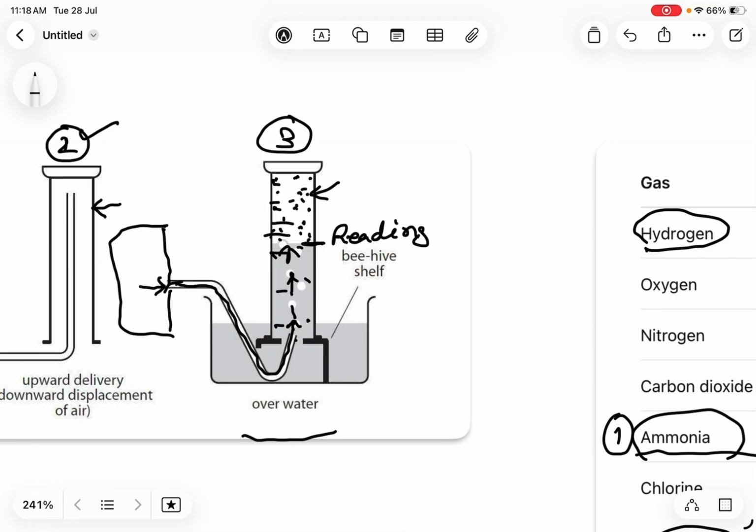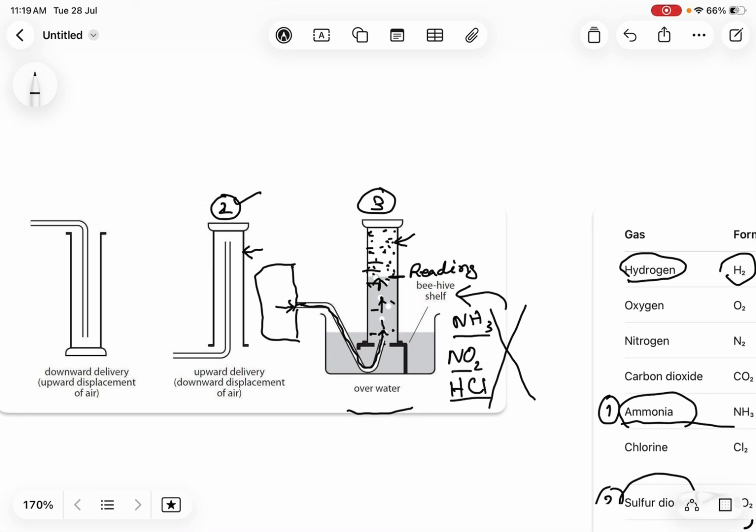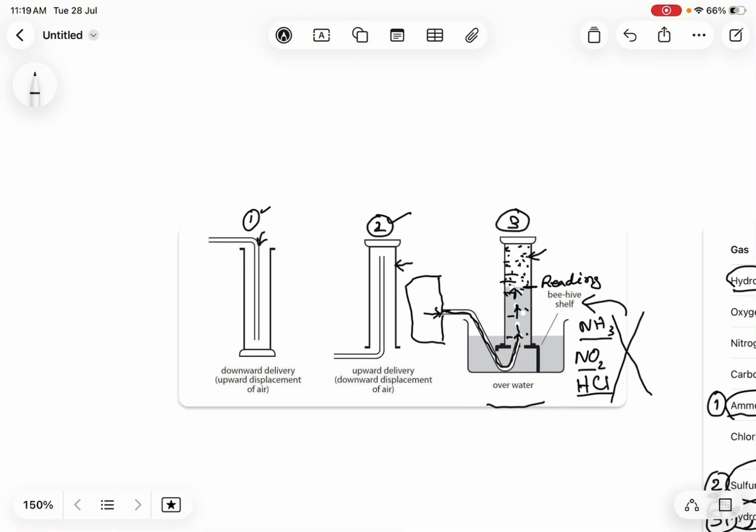So ammonia, this is the formula of ammonia by the way, SO2 and HCl, these three gases cannot be delivered via this method. This is how we are going to identify whether we can use the water delivery method for a specific gas or not. Now moving to the next stage.